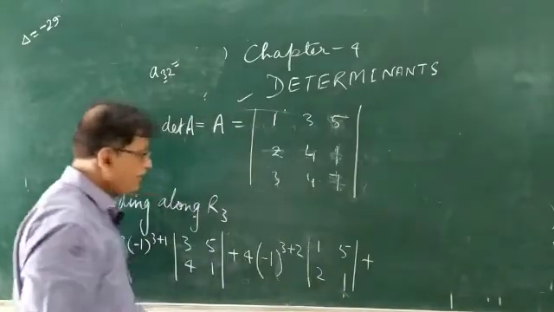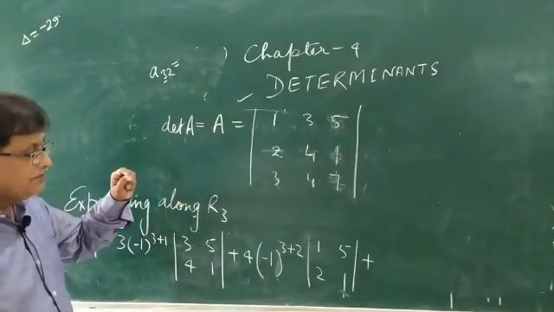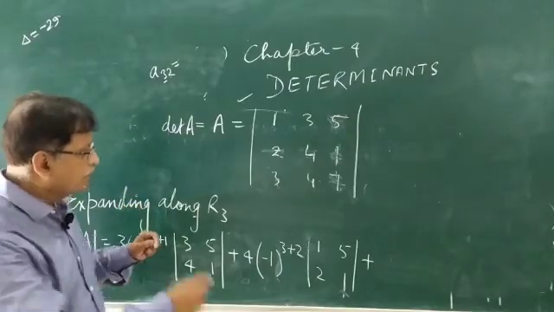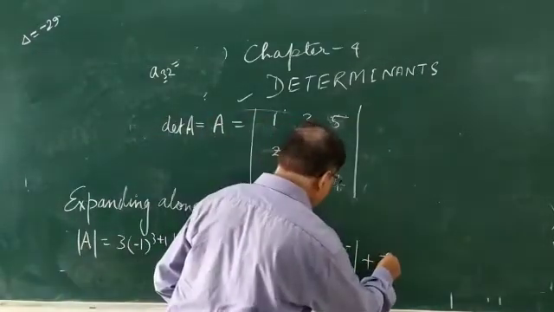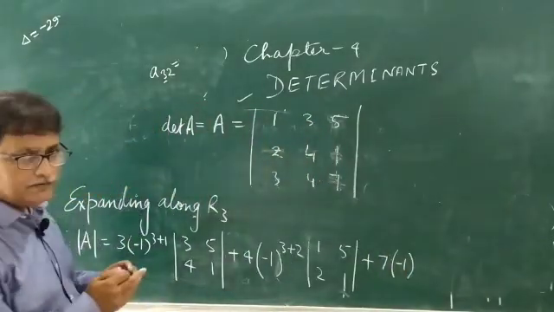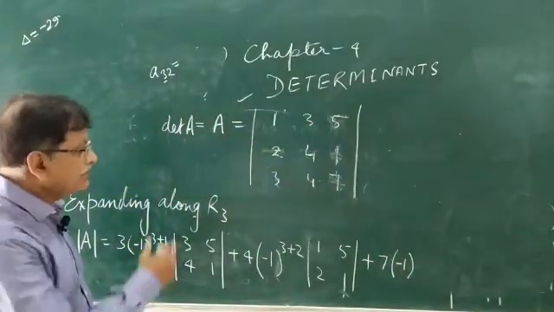Plus, now you consider the 7, third element of the third row, and then minus 1, and then find the position.